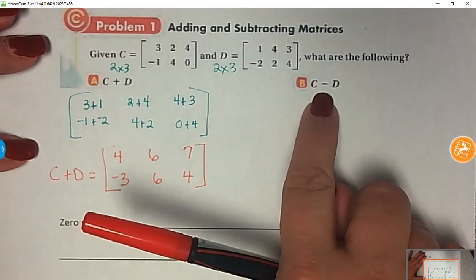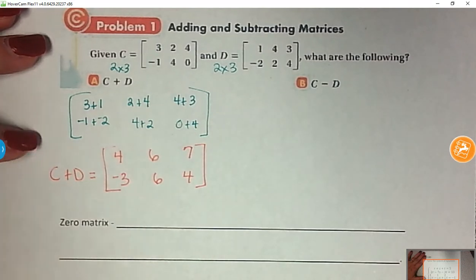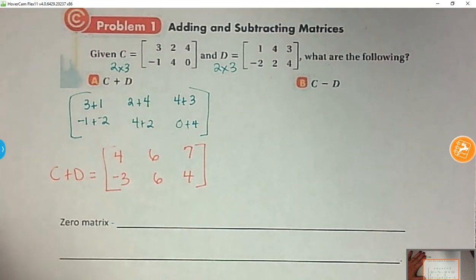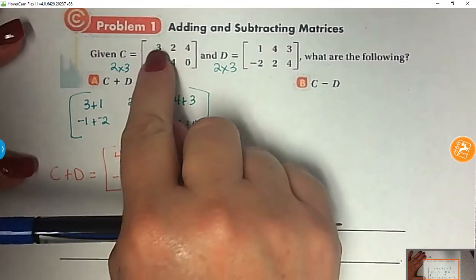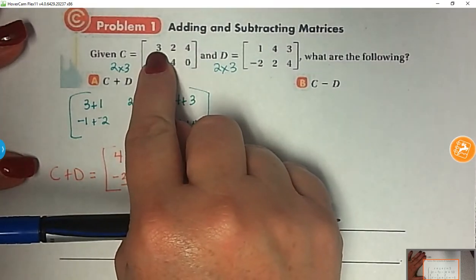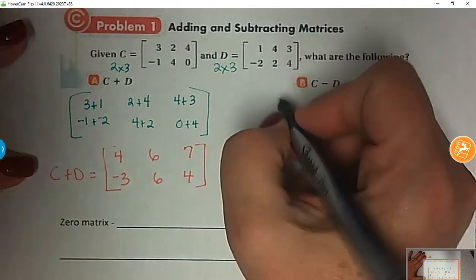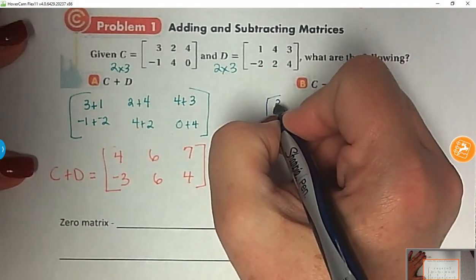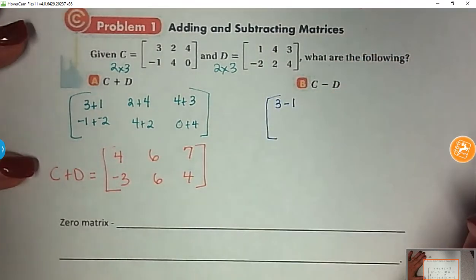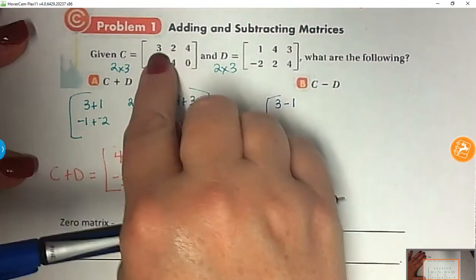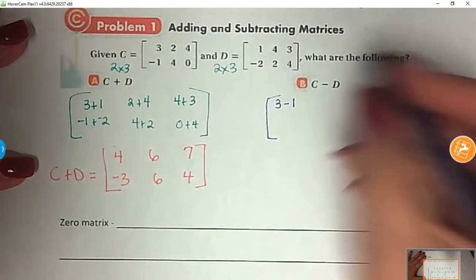When they want us to subtract them, we're going to follow the exact same pattern, only we're going to subtract instead of add. So I'm going to start top row, column 1, 3 minus 1. Okay, move across on row 1. We'll do 2 minus 4.